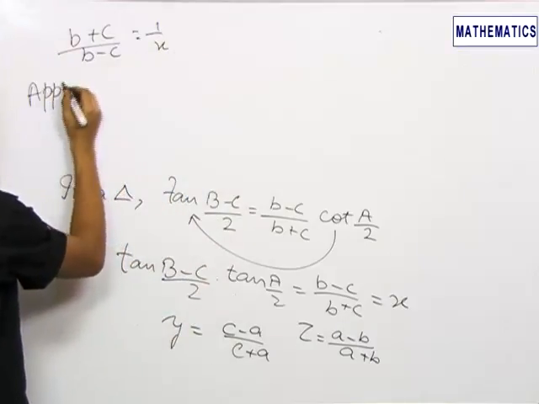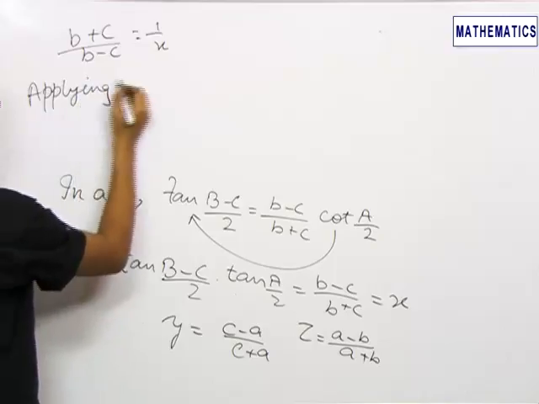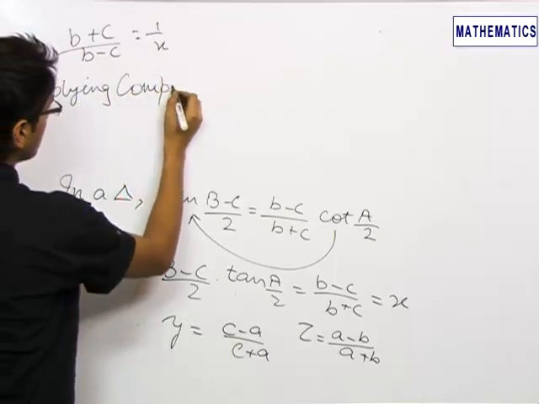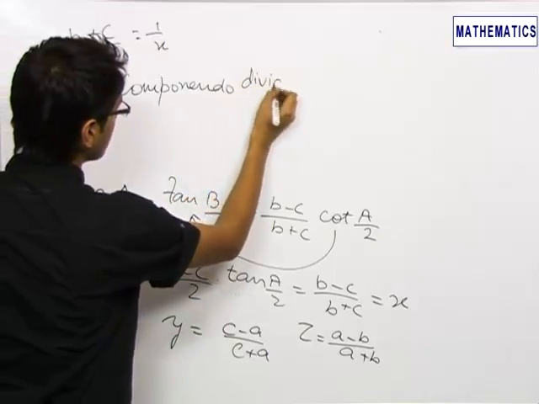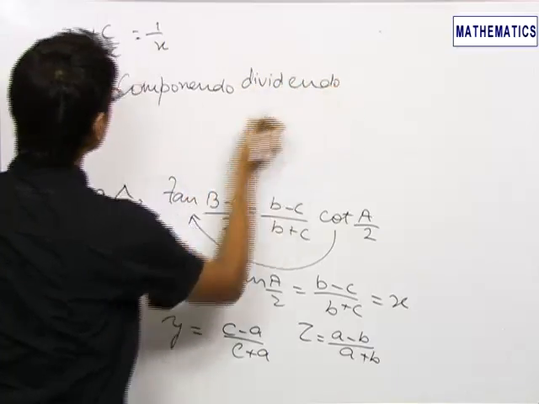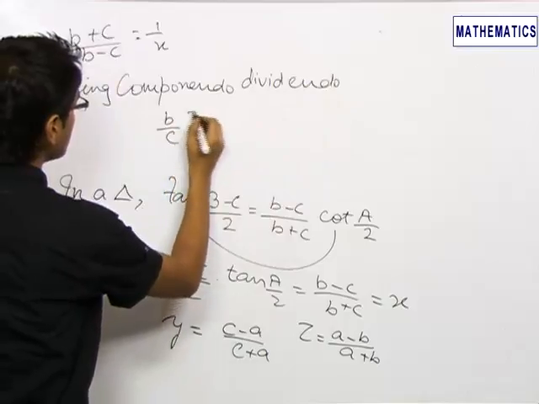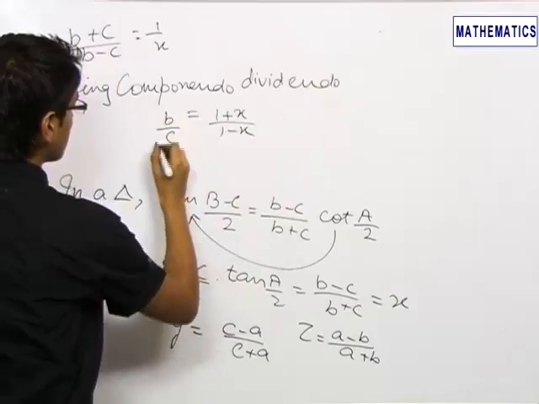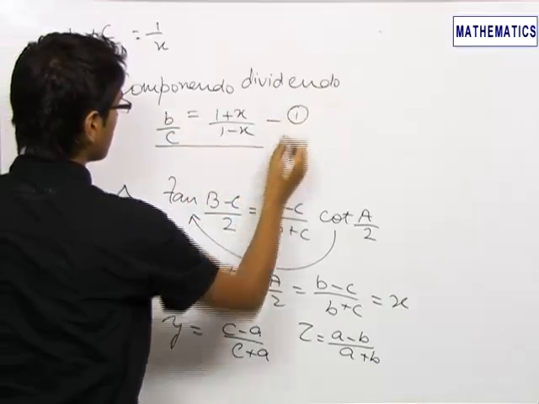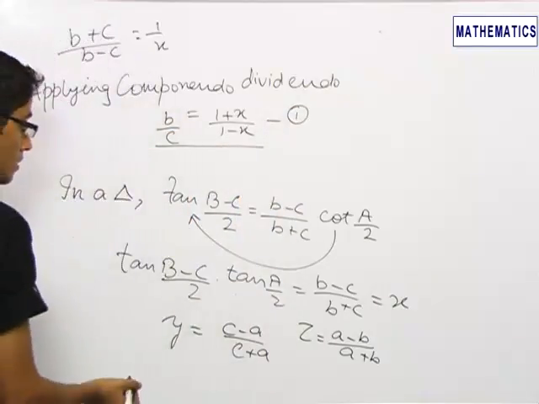Applying componendo dividendo on this, we get b upon c equals (1 plus x) upon (1 minus x). This is the first equation.